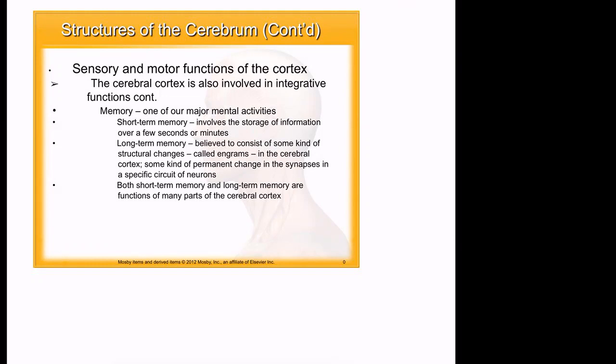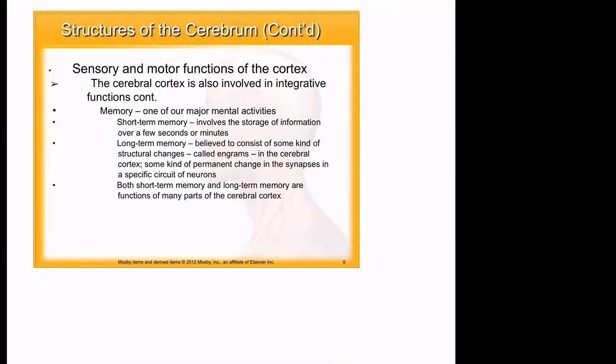Your brain has to decide this is important to move it into long-term memory. This is one of the reasons why we dream, because our brain is determining what's important and what's not. If it's not important, then it can get rid of it.